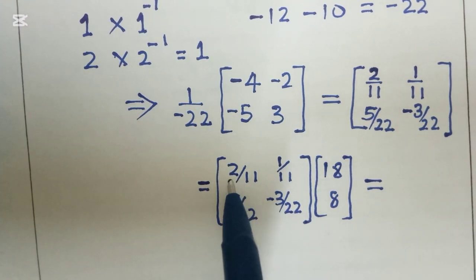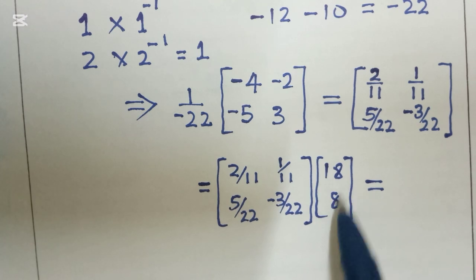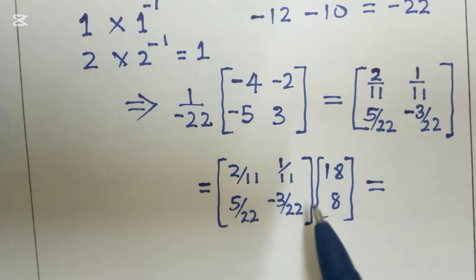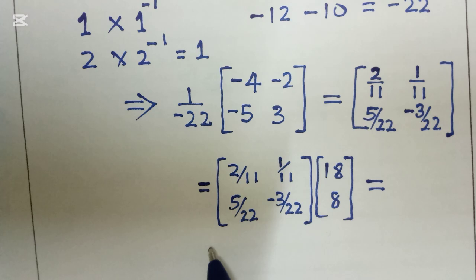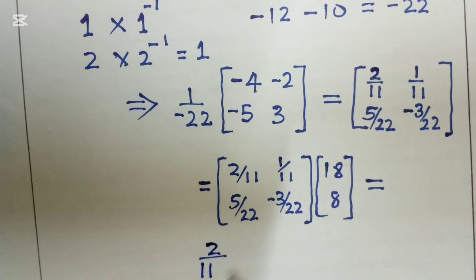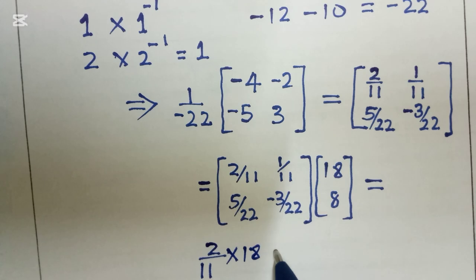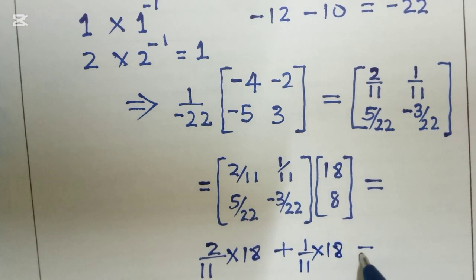So we multiply the row. This is the row and the column. And that's why, guys, we could not put this one before this, because we could not have been able to multiply them. So this one now will give us 2 all over 11 times 18, plus 1 over 11 multiplied by 18. So we add that.